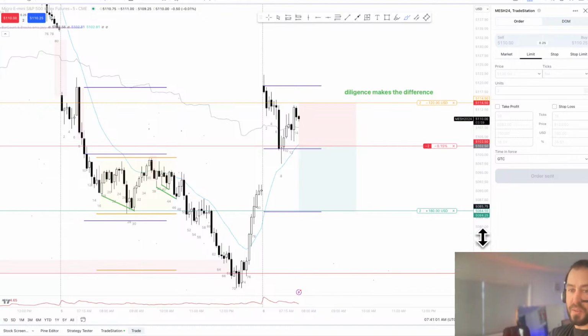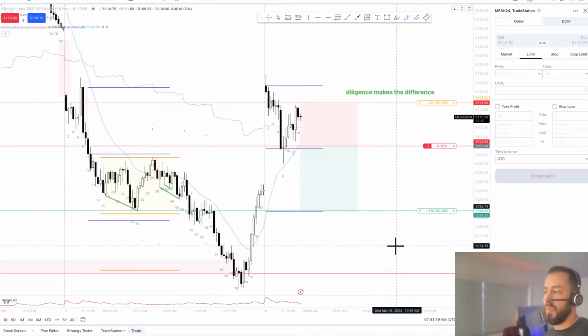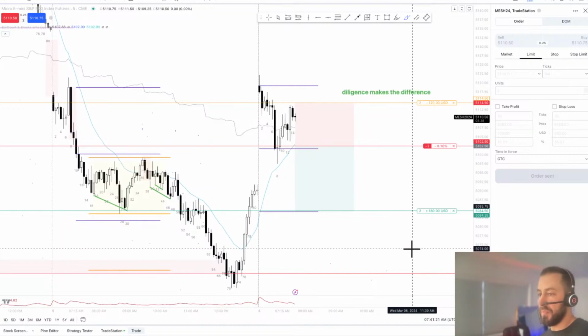One of the most important skills for any trader is to be able to sit and watch calmly when a position goes against you. So important. Just unattached.